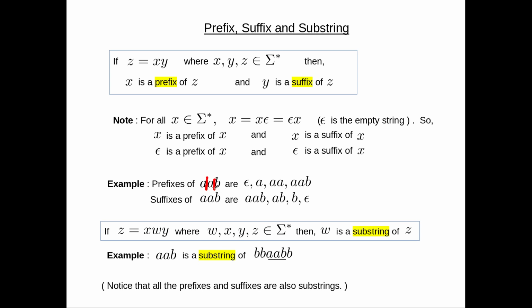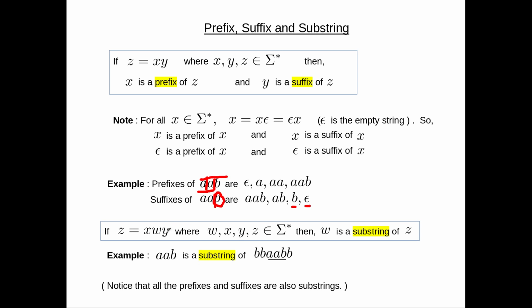I can do it here so that this a itself is a prefix, and obviously the whole string itself is a prefix. Similarly, if I chop it here, then this b is a suffix, and obviously the empty string is a suffix, and similarly, you get the idea.